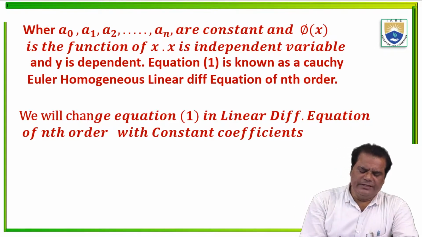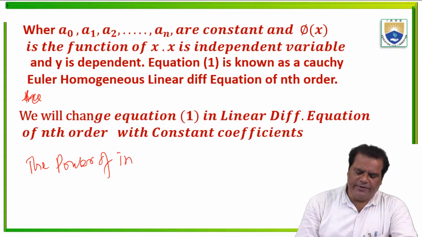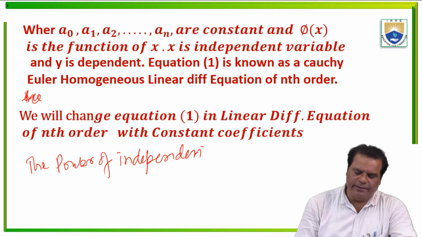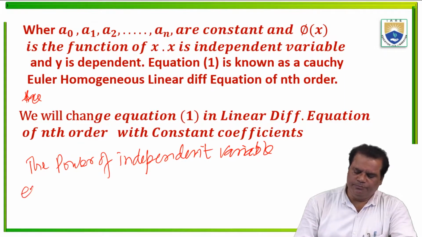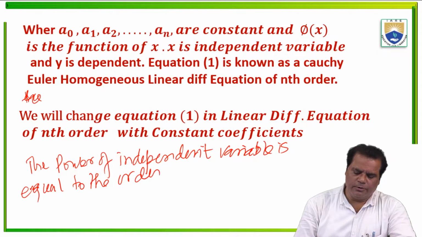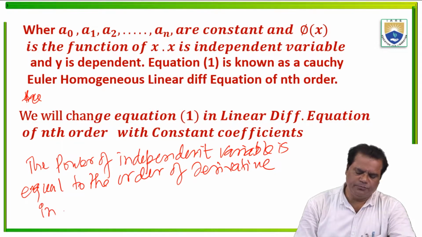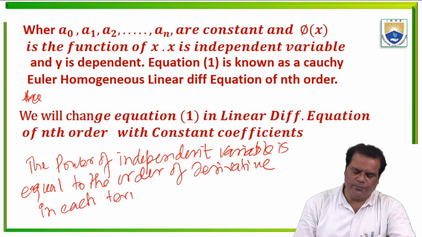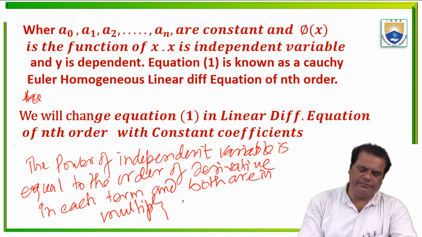So the main definition: the power of the independent variable is equal to the order of the derivative in each term, and both are multiplied.